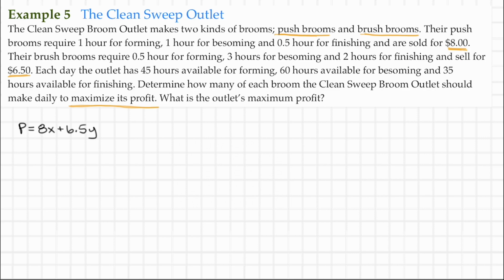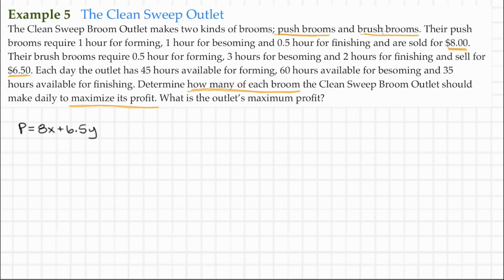Then the next thing we'll do is build a table that will represent the linear equations. It says determine how many of each broom, so that's going to be our variables, and our variables on our table go across the top. If we let the push brooms be X and the brush brooms be Y, they're going to form these columns.